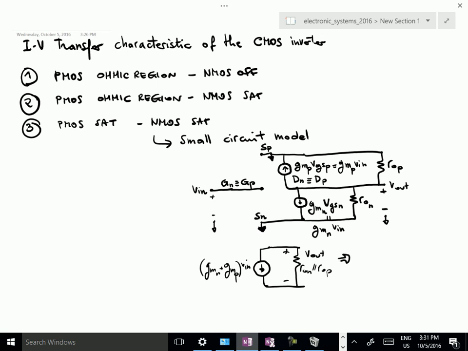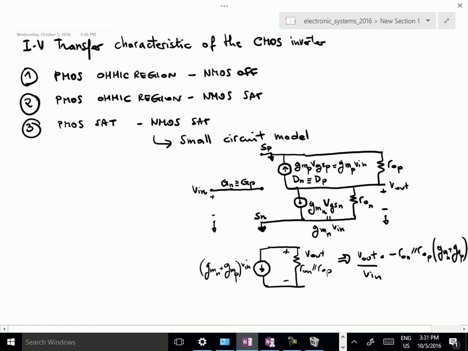So this means that V out is equal to minus the drop on the output resistor, which is the current times the output resistor, so is equal to minus RON times ROP times GMN plus GMP times V in. So V out over V in is given by that one.